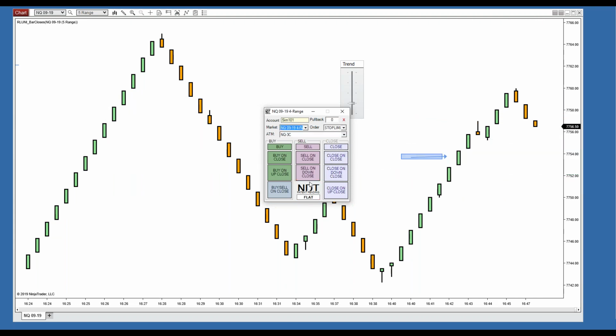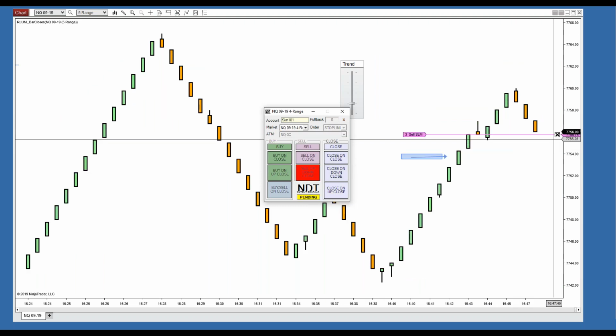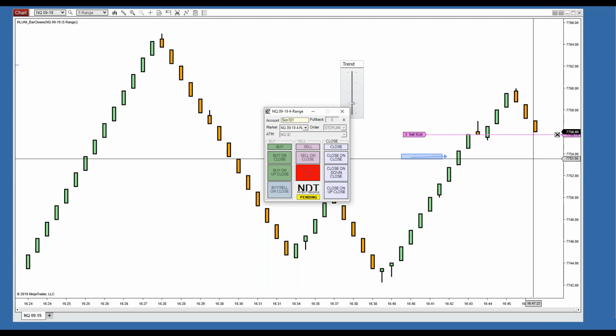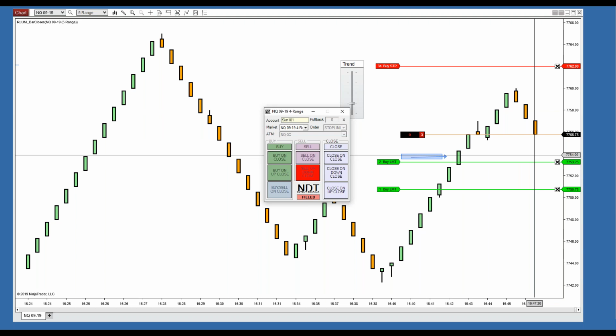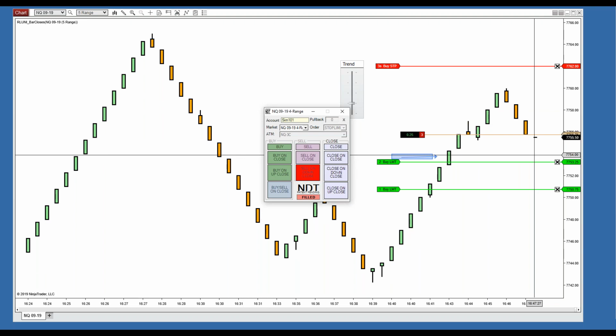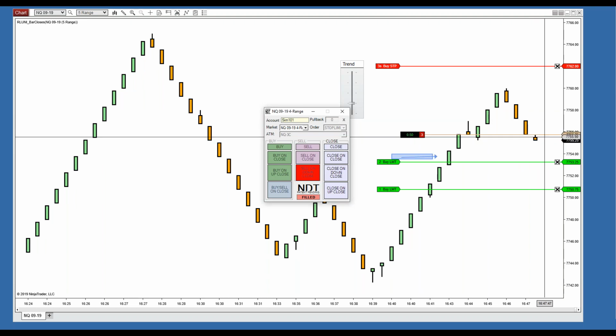Let's do that again. We're going to sell it down close. And there's the close that's already been determined by the NDT based on that 5 range. And as soon as it hits it, it executes. So it already knows where the candle's going to close based on the fact that you have 5 range programmed.